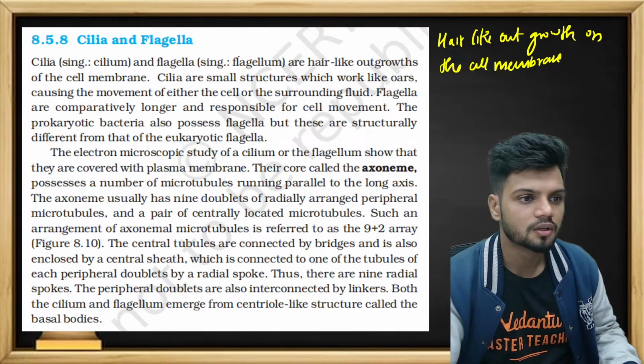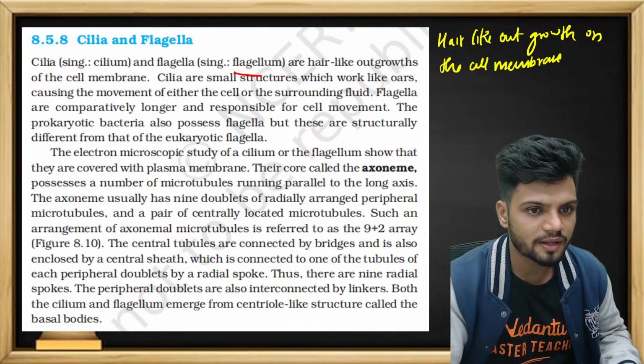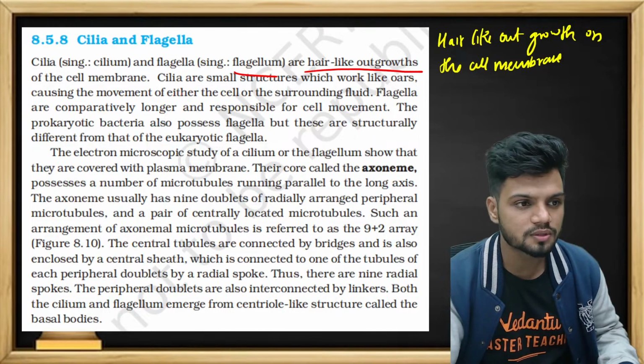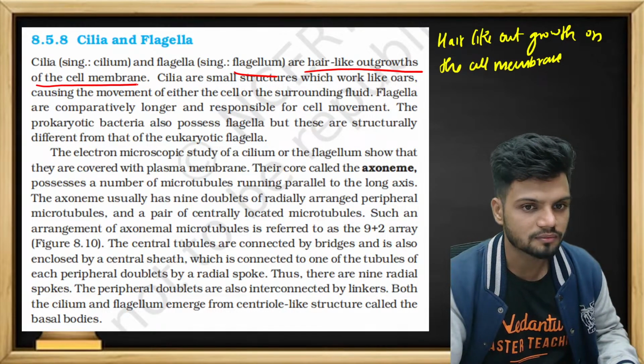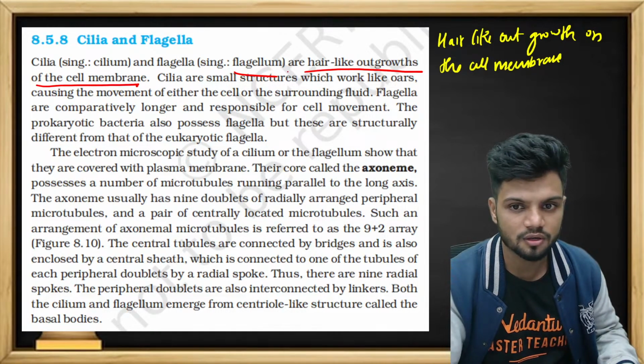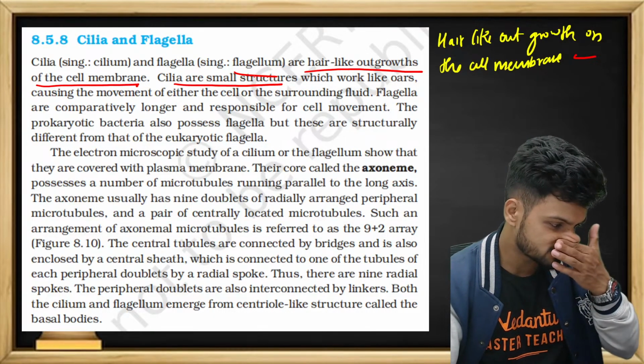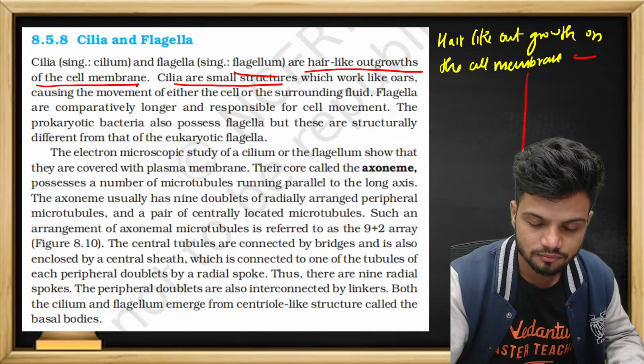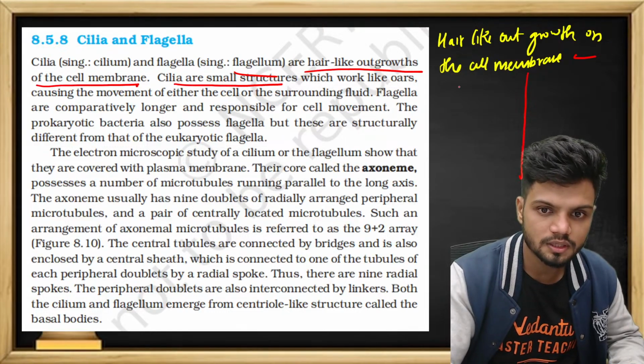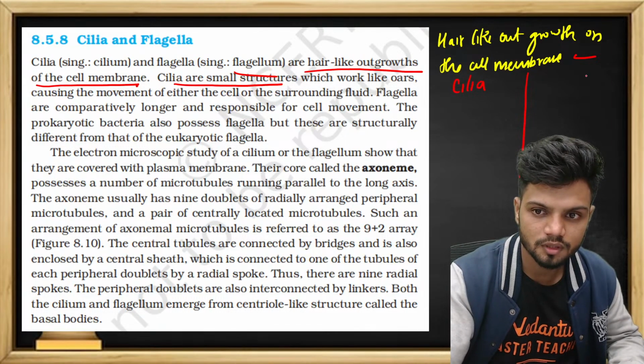Cilia or cilium or flagellum are hair-like outgrowths of the cell membrane. Cilia are smaller in structure. So write down the difference between cilia and flagella.